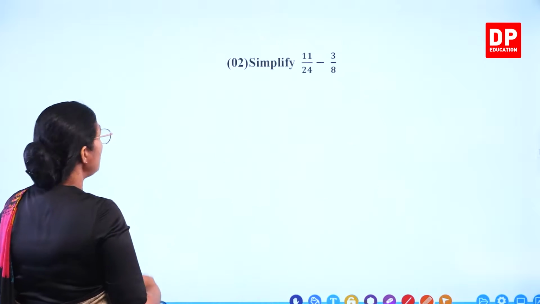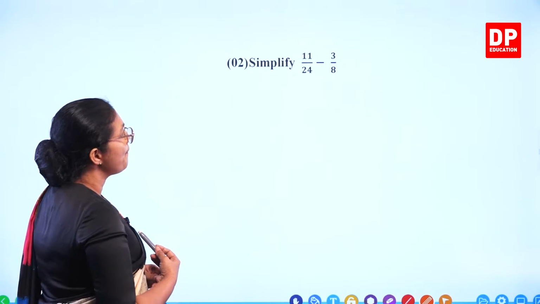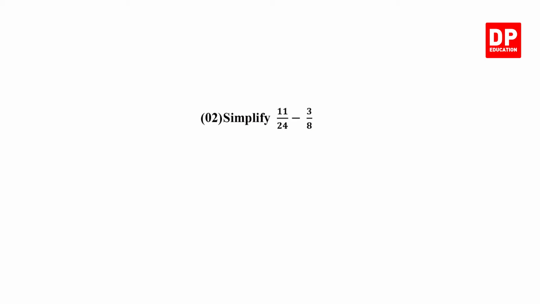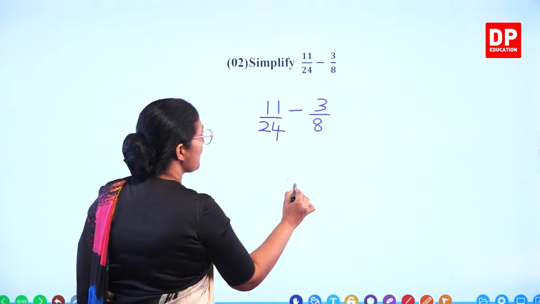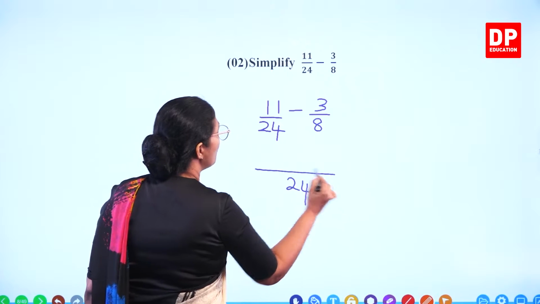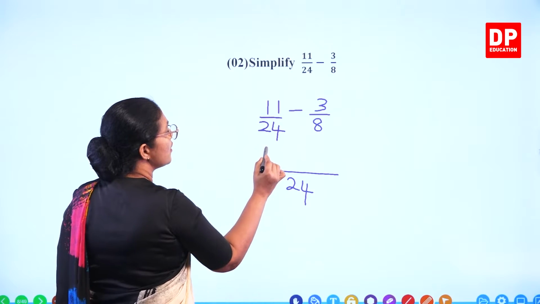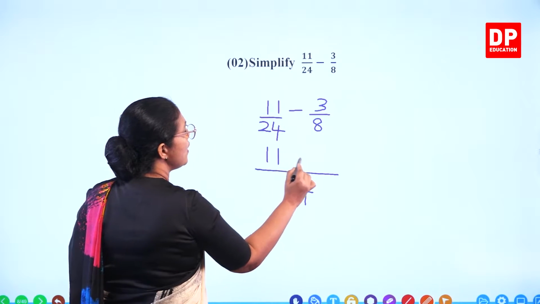Let's take the next one. Question number 2. Simplify. 2 fractions with different denominators. 11 over 24 minus 3 over 8. What's the lowest common multiple of 24 and 8? That's 24. So here you get 11, you don't need to do anything.